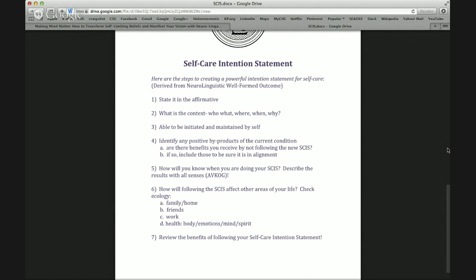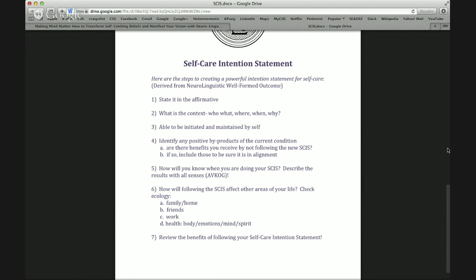So doing parts integration helps us understand why things are not going forward, or what we think might be forward at a given time, because it's possible that there might be unmet needs in other areas that are being met by staying where we're at. So noticing that. So number 4 is really important.